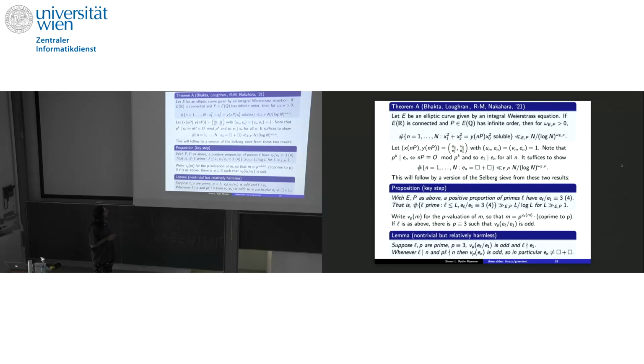This is kind of what one might naively expect, that if a high power of P divides the denominator here, this is saying that this thing reduces to the point at infinity modulo that power of P.